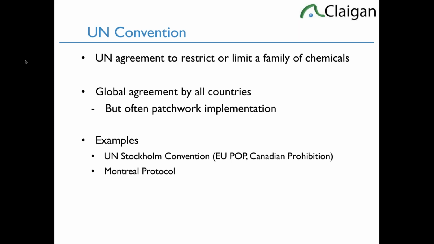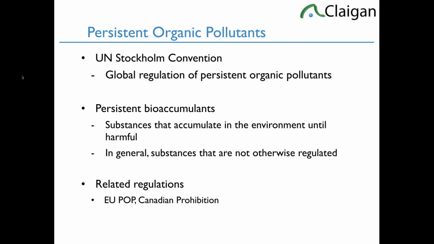It's to a certain extent a classification, but it's really all the countries getting together and agreeing, and then the countries start implementing it in their own either classification system, like REACH SVHC, or risk management approach, like Canada. But it's really the source. Once they agree in common on the persistent organic pollutants, then we start seeing the regulation, either in labeling or restriction, at the country levels. And the UN Stockholm Convention is a big deal.